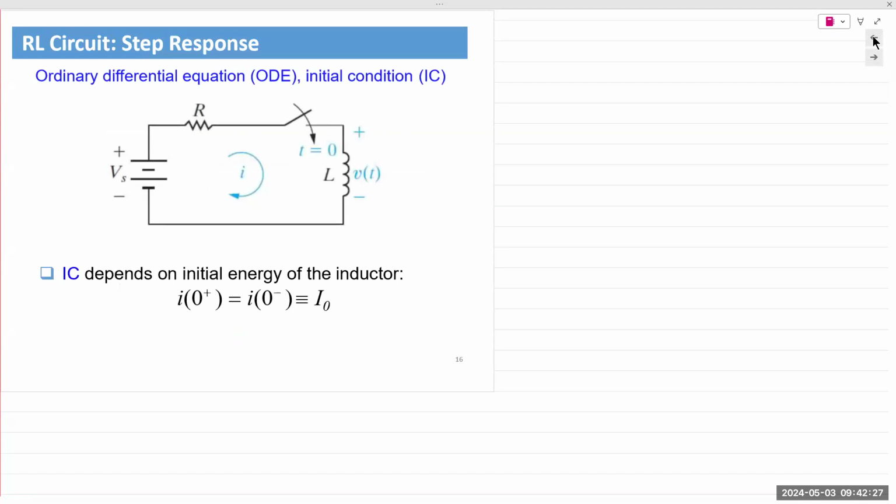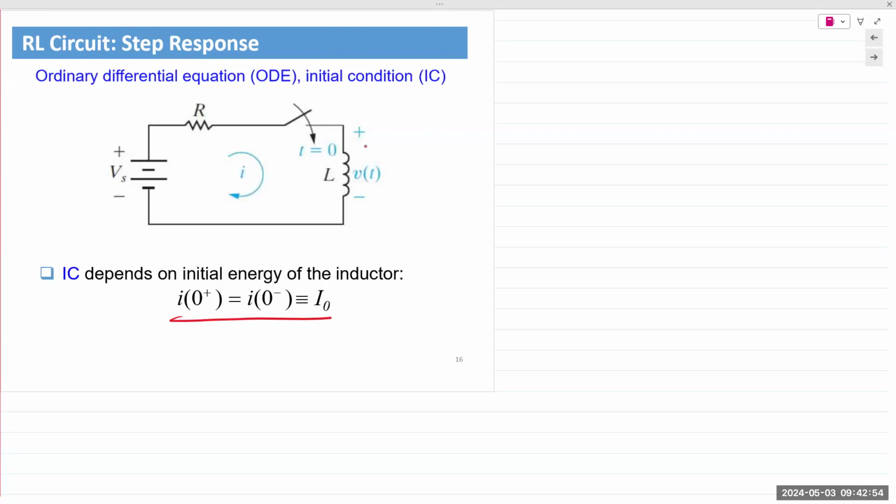What we have is an inductor or a capacitor that has no charge on it. We assume it has zero charge. We then connect it to a source. The current starts flowing through the inductor, or the voltage is applied across the capacitor. In both cases, we can define the initial energy. If it's not given to you, simply assume it to be zero.